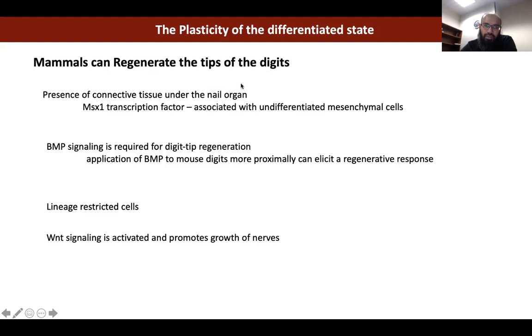Or if you damage the nail organ, then the tip of the digits will not grow. This nail organ has the connective tissue, which expresses the MSX1 transcription factor. And this transcription factor is associated with undifferentiated mesenchymal cells.